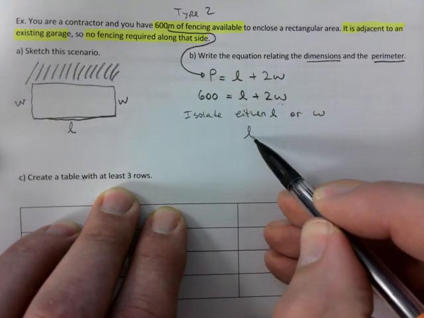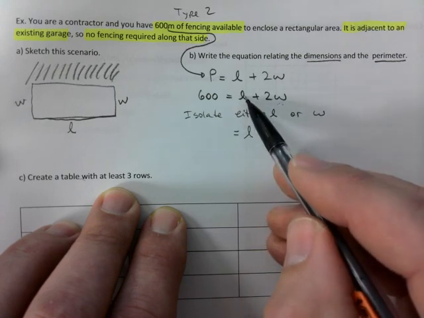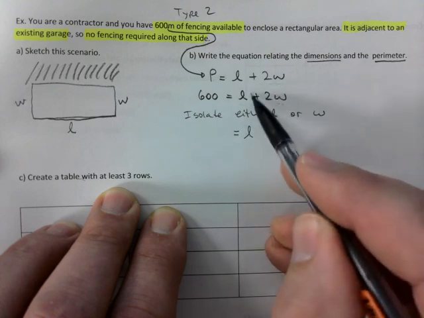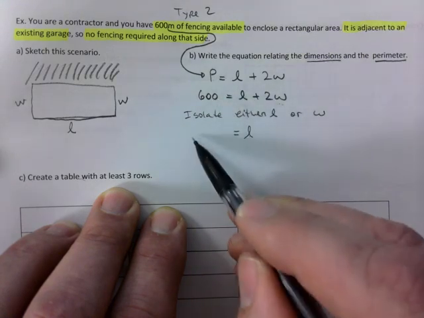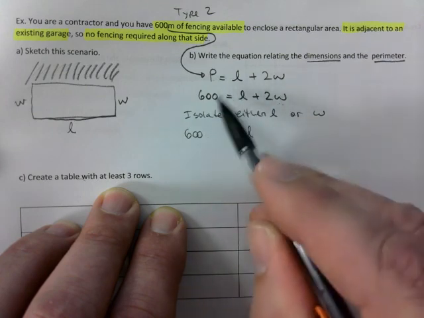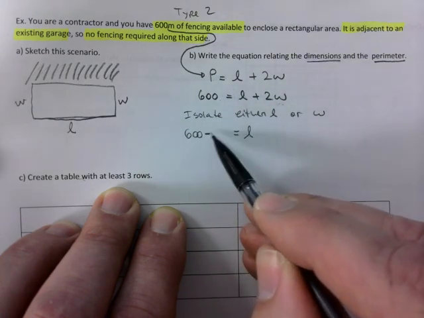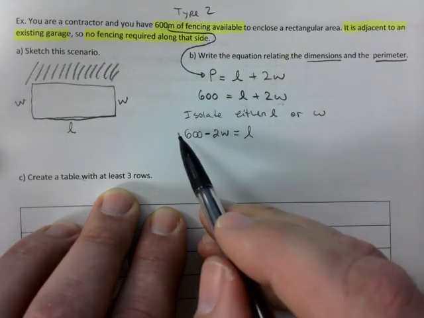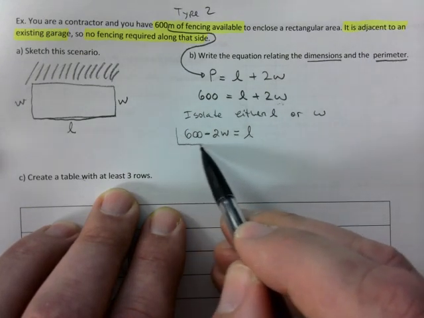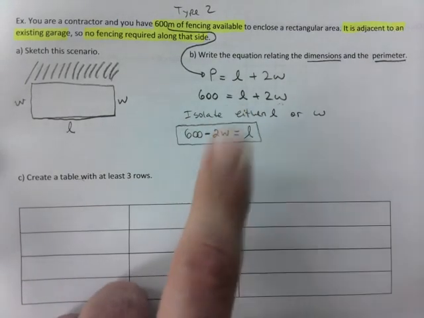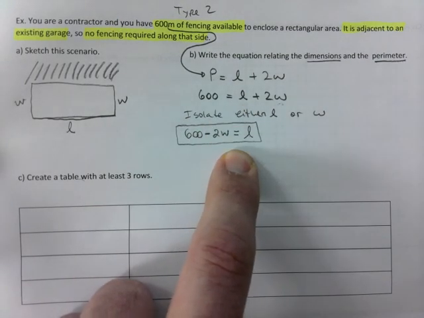If I have L here, if L is on the right side of the equal sign, 2W will come over to this side. And what happens to the 2W when it crosses? It turns into a negative, yeah? So there it is. I'm going to use this one. This is the one where I ask you, hey, isolate for one of them. I've isolated for length.